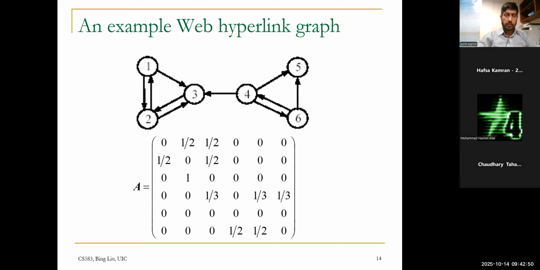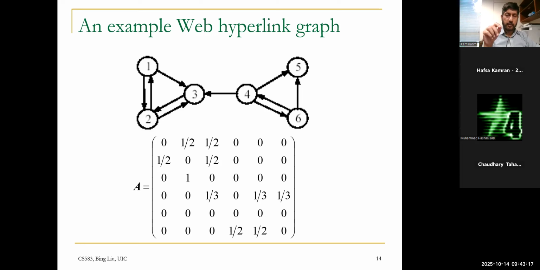But we need to satisfy two additional conditions, which are irreducible and aperiodic. Irreducible basically means, in the context of a graph, that the graph is strongly connected, meaning that you have a path from every node to every other node. Okay?